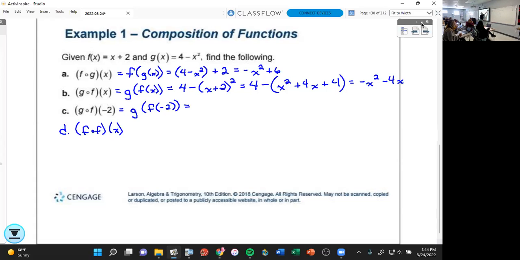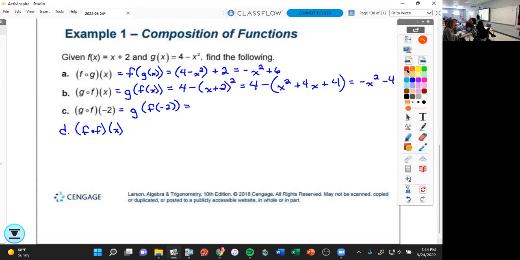Just f of -2. That means take the f function. f of -2 would be -2 plus 2, which is 0.